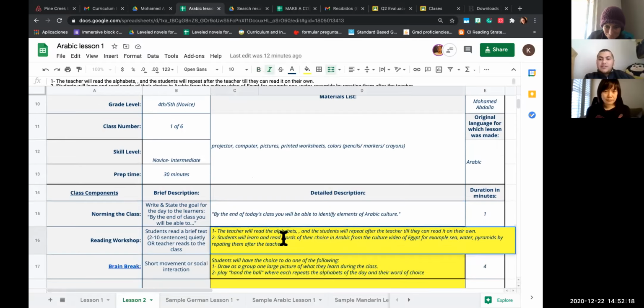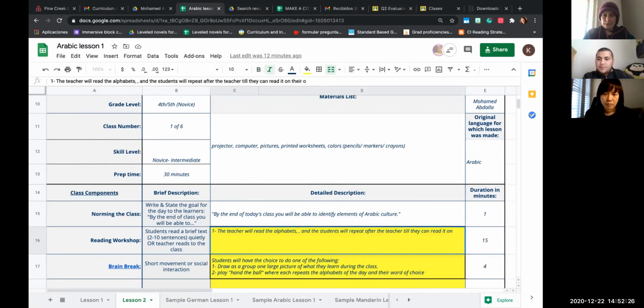For the reading workshop, let's say the teacher will read a one-line sentence to the kids that's related to the topic. The teacher will read one to two lines in Arabic that's related to the topic.